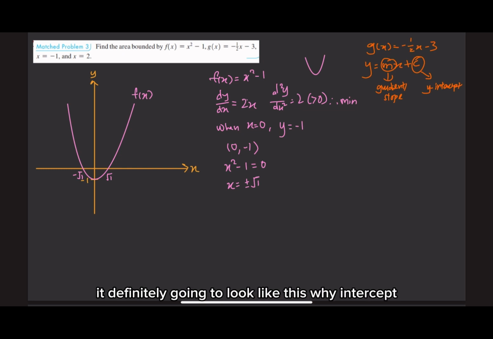A negative slope is definitely going to look like this. So the y-intercept is at negative 3, and therefore our slope aligns like this.